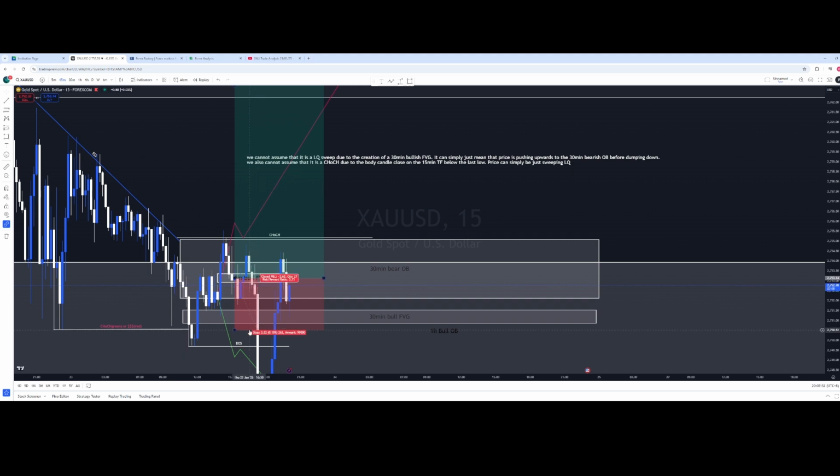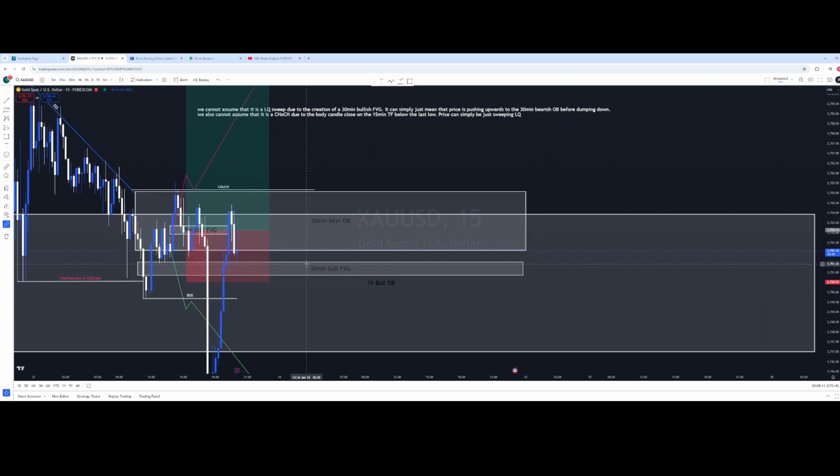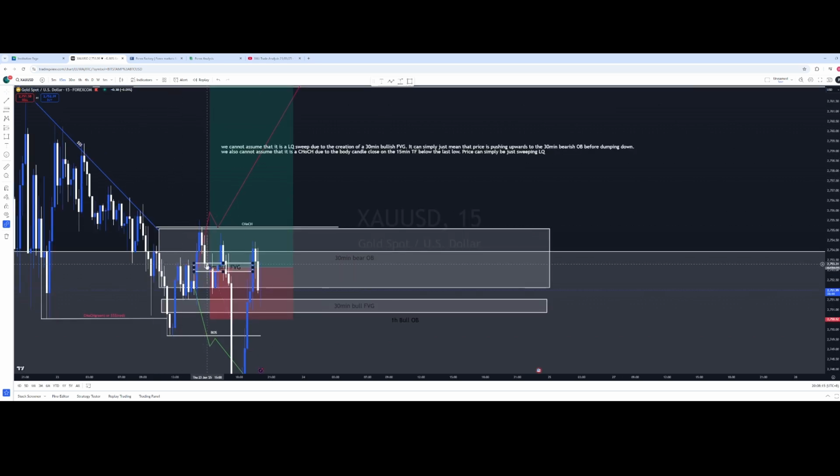You see here this cluster respected the 30-minute bullish fair value gap, and price was kind of respecting this for a short period of time until it was broken. And guess why it was broken? Because there's this higher time frame bullish fair value gap resting below. So let's say I looked for confirmations there instead on the 30-minute.